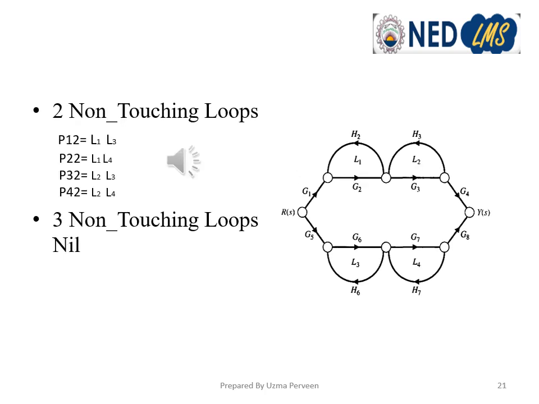Now we'll calculate the gains of two non-touching loops. It is clear from the diagram that the top left loop is not touching, or doesn't have any common node with, the lower two loops. So the combination of L1 and L3 becomes a pair of two non-touching loops.